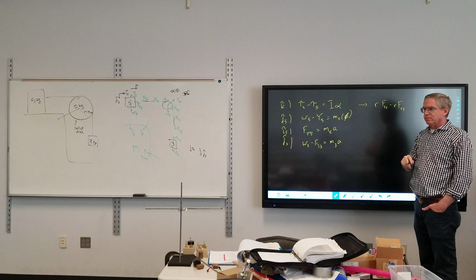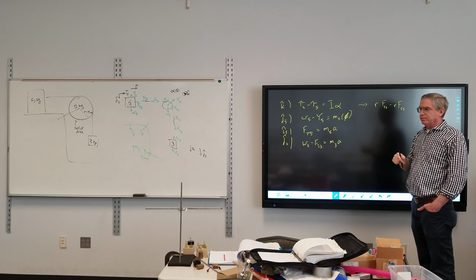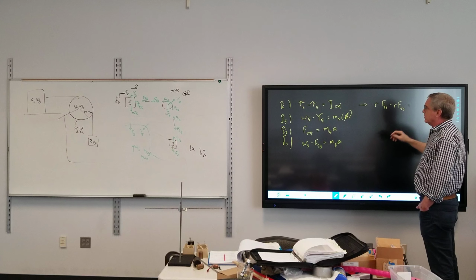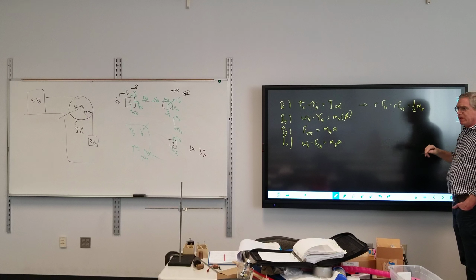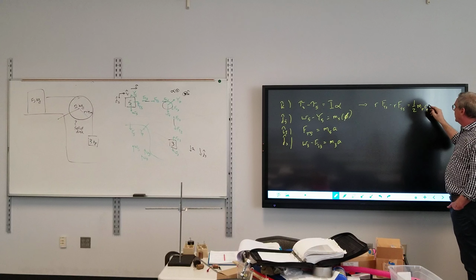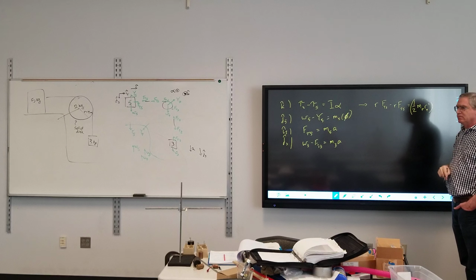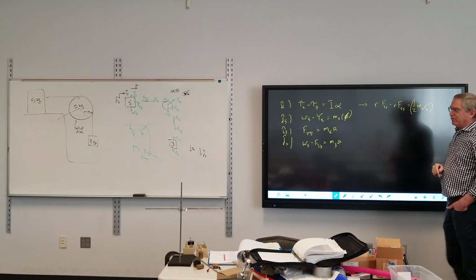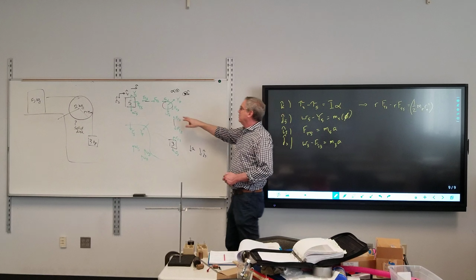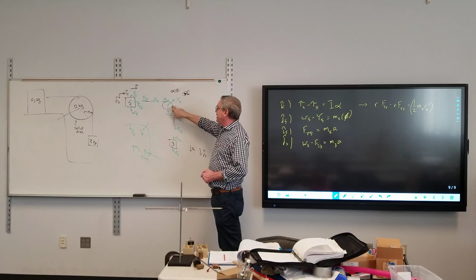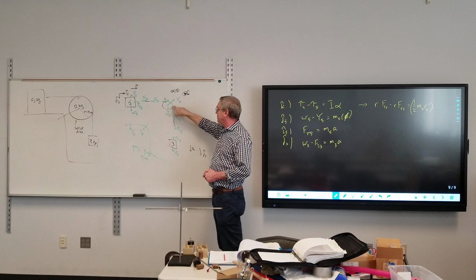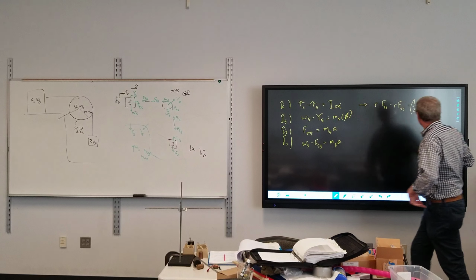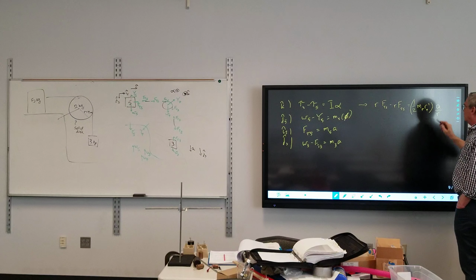Both those are the radius of the pulley. Equals the moment of inertia, which is 1/2 times the mass of the pulley times the radius of the pulley squared, times alpha. Relating the angular acceleration with the tangential acceleration, again, it's the distance away from the center that matters, which is R. So this would be A over R.